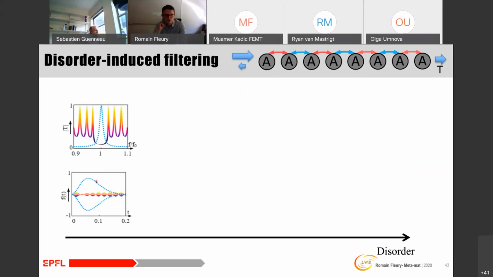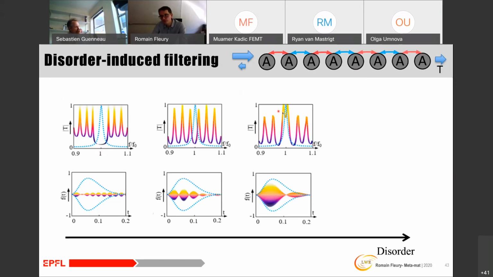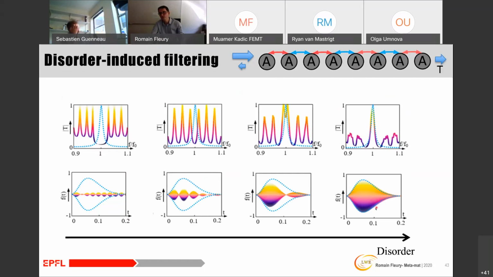The input is just a Gaussian signal. When I increase disorder, what happens is I'm closing little by little this band gap. This is a particular realization. And then the band gap closes and it's going to create my peak, the blue peak that I want, little by little. And when I get to the range of disorder where this is a topological insulator, I get exactly the response in time that I want.